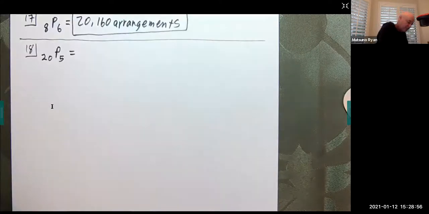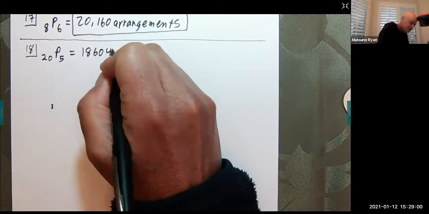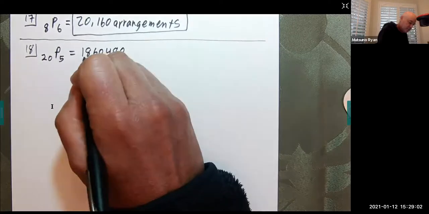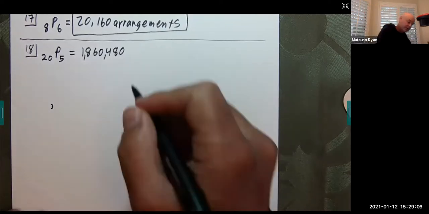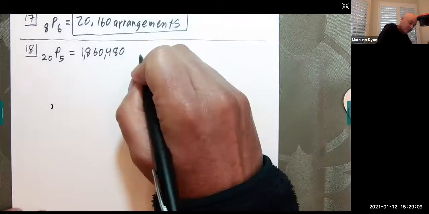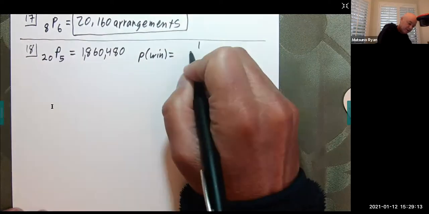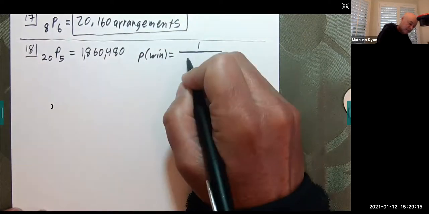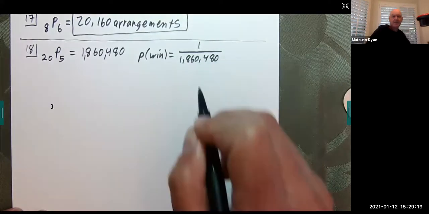So we have 1,860,480. Now they want a probability, and the probability of winning is 1 out of 1,860,480.